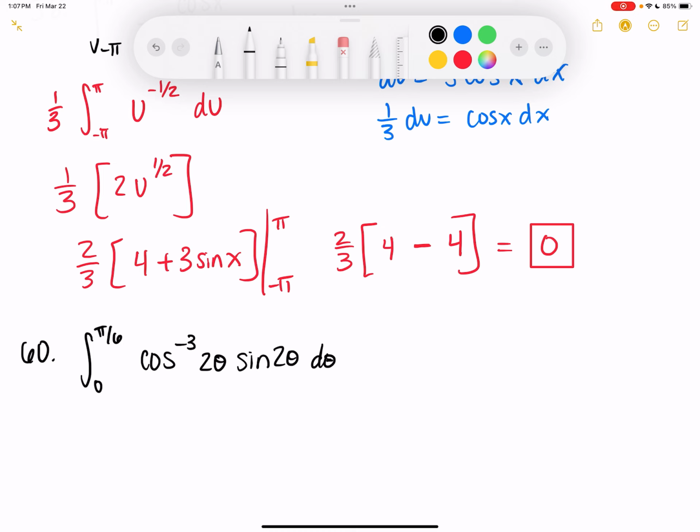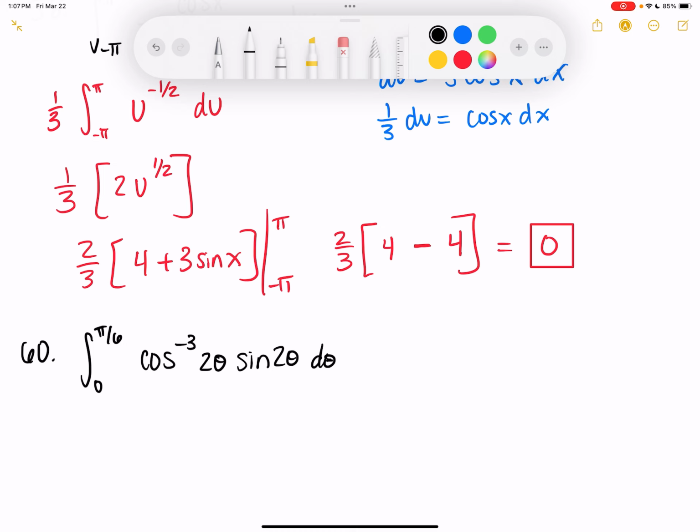I say sine 2 theta. Okay, so if I take the derivative of that, what do I get? Cosine 2 theta, d theta.